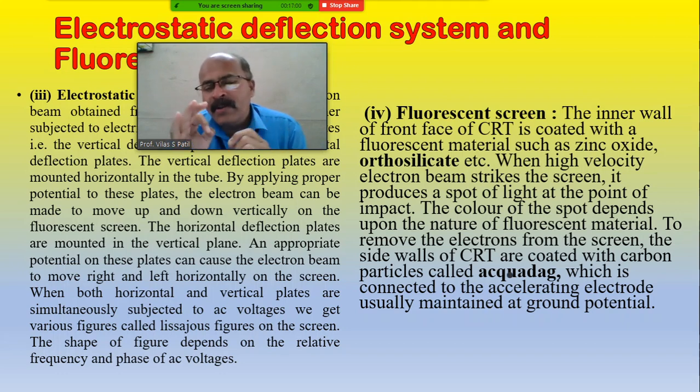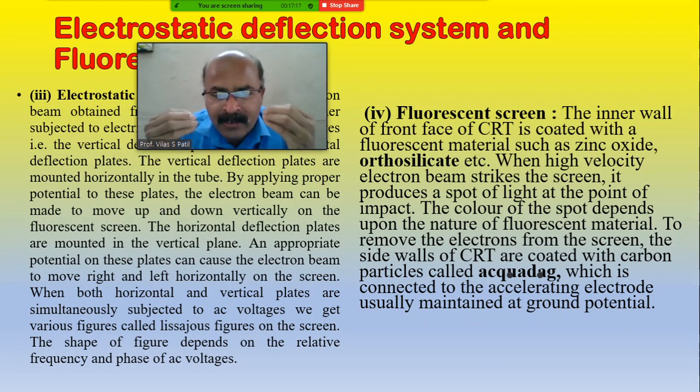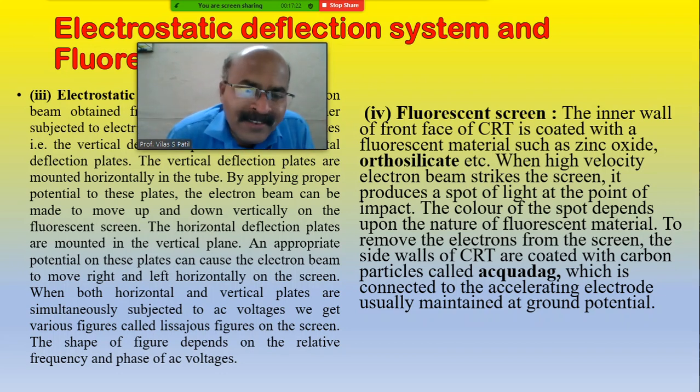Once the electrons are incident on the inner wall, they are conducted directly to the accelerating anode, which is kept at a very high positive potential, and all the electrons absorbed by the conducting aquadag coating are neutralized in the accelerating anode.